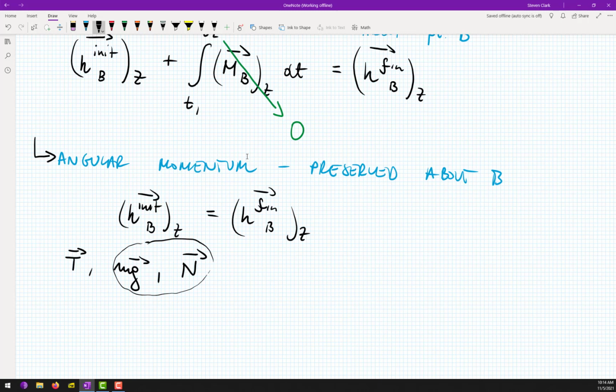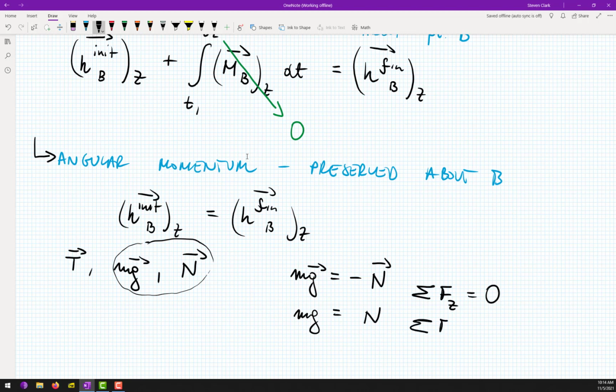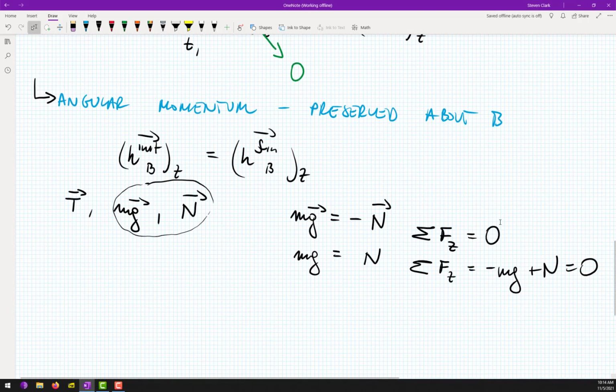Okay, so our mg is equal to minus n. It has to, because our sum of forces along z direction has to be equal to 0. Yeah, and this implies that there is no angular momentum coming from these forces.